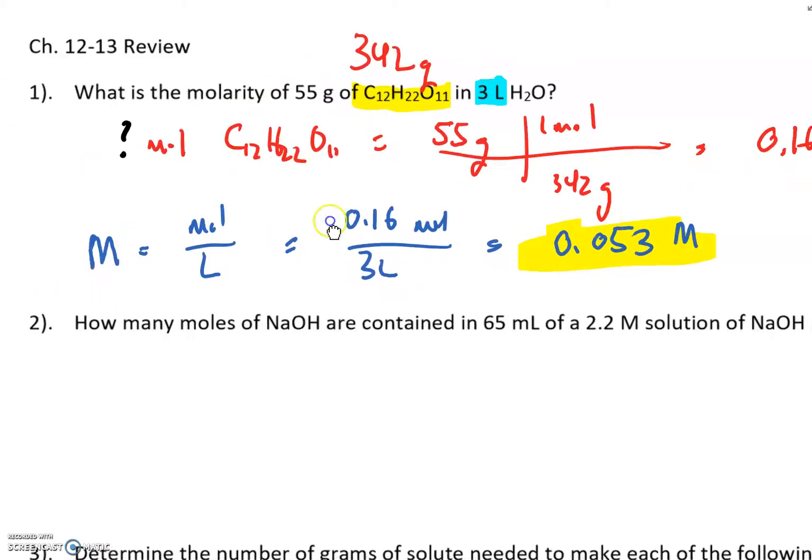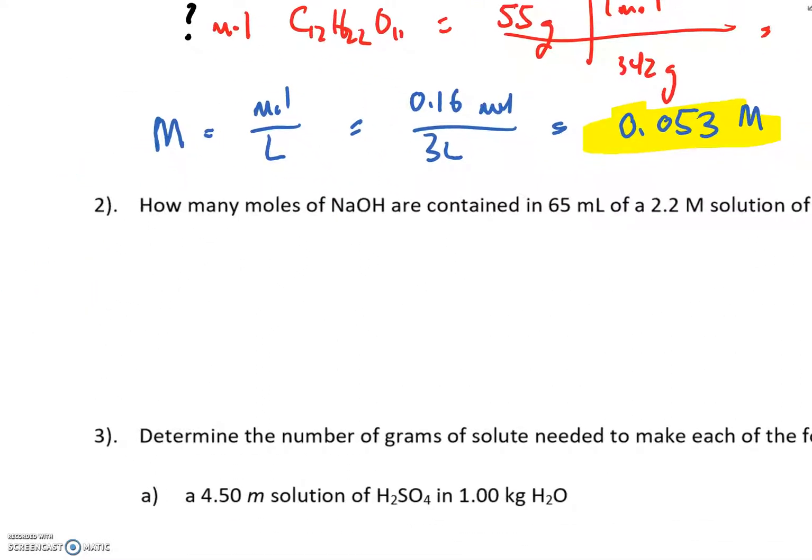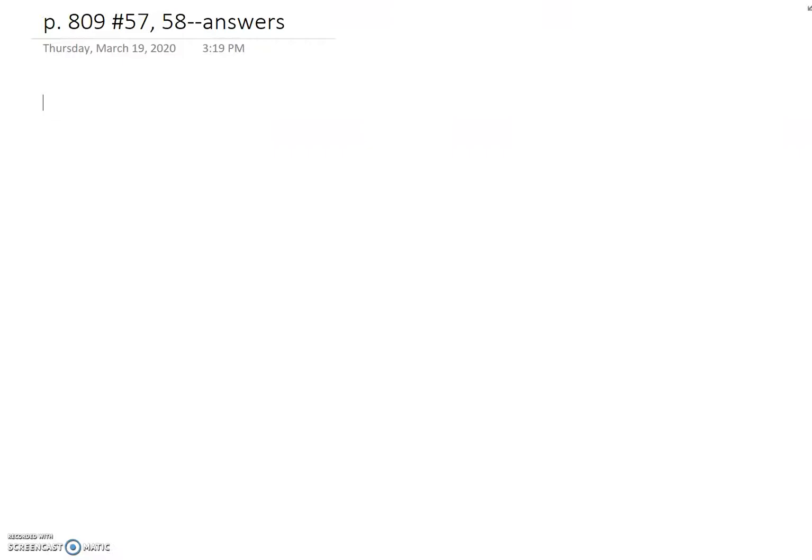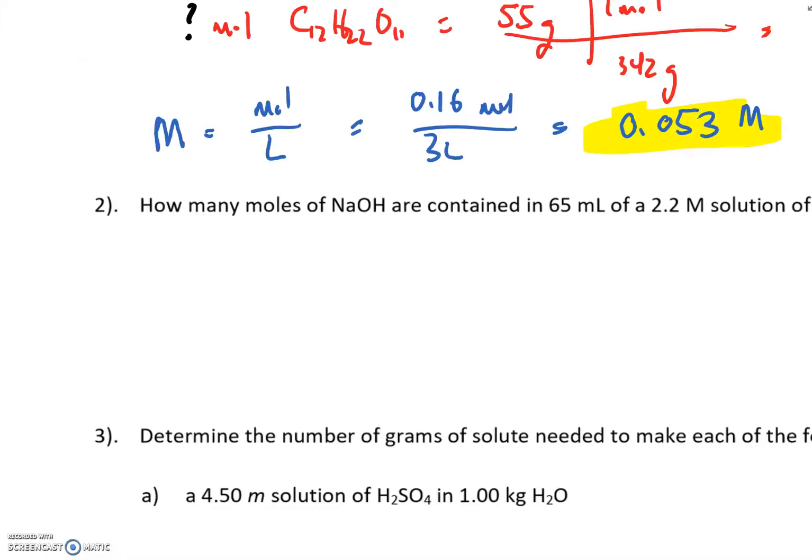Let's take a look at number 2. How many moles of sodium hydroxide are contained in 65 mils of a 2.2 molar solution? Well, we remember our, that's not what I wanted. Sorry, I bumped the wrong page for a second.